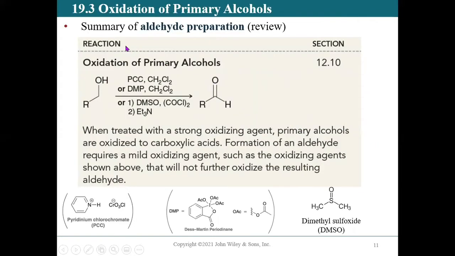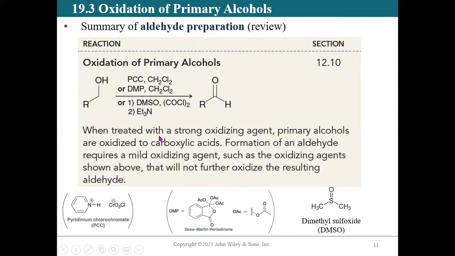And as a summary of how to prepare aldehydes, we can prepare an aldehyde by oxidation of a primary alcohol. And here are some of the common oxidation agents: PCC, DMP, DMSO, listed here in this slide.